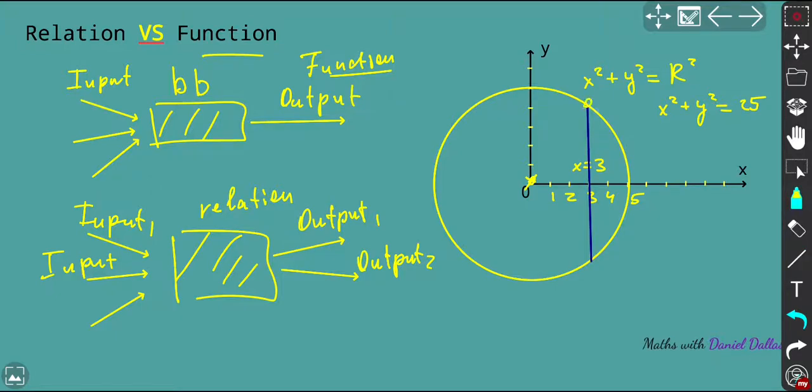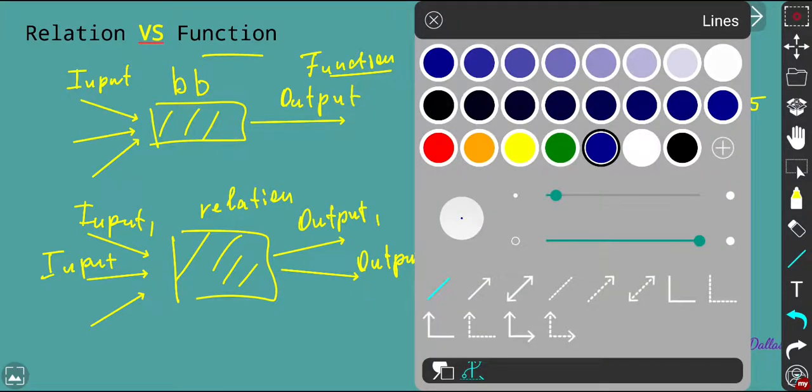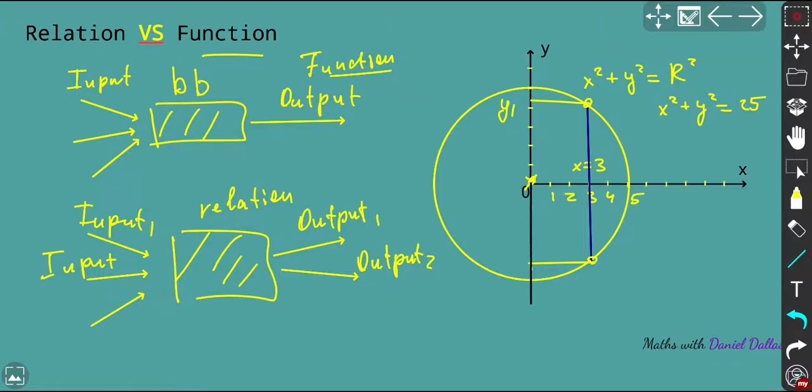And you see that it will cross your circle in 2 points. So that means it will have a certain value for y, which is y1, and another certain value, called y2. If you just prolong that, it becomes a symmetrical value about the origin, which is y2. So obviously you can say that y2 becomes negative y1.